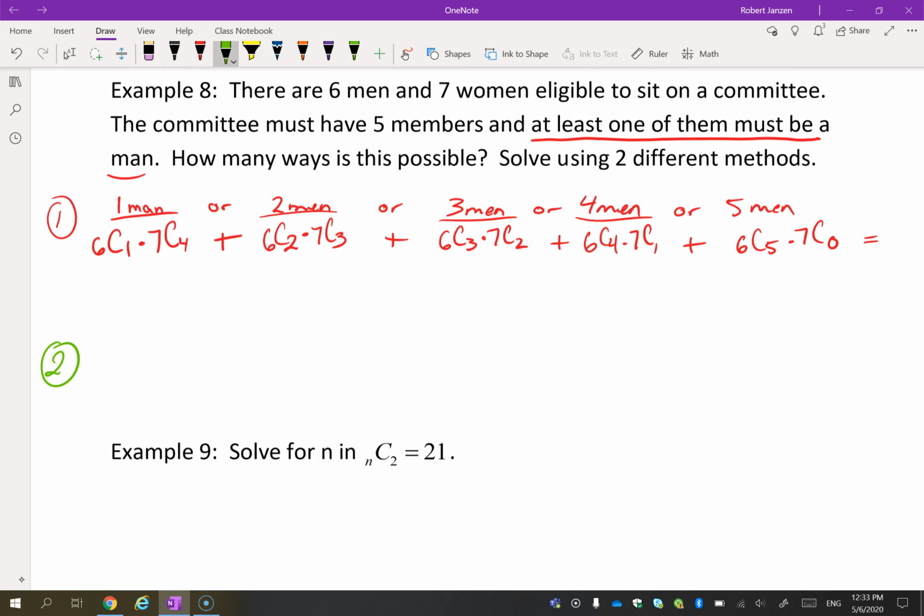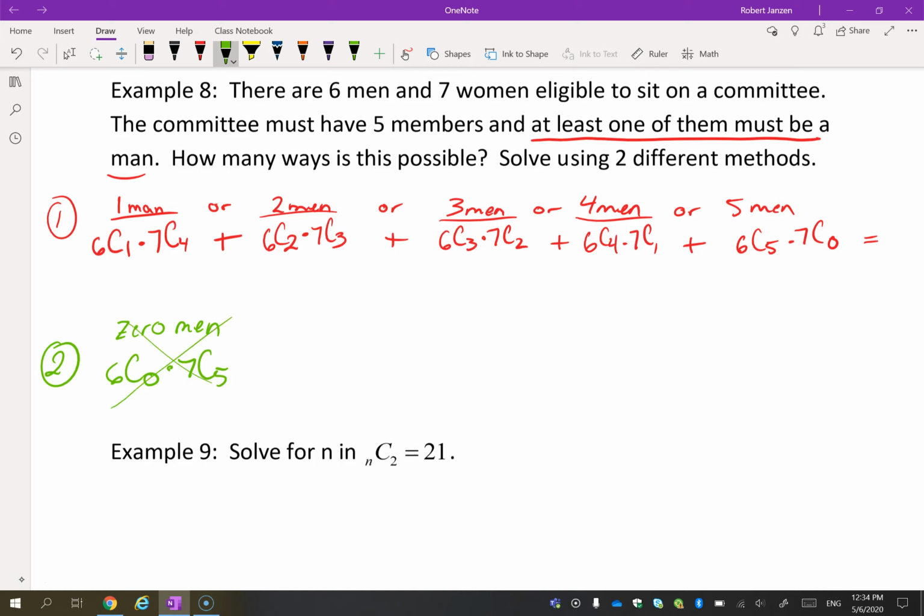Okay, what's the other way? Well, we need to have at least one man. What's the only thing we can't have? 0 men. 0 men is not going to work. How would I figure out 0 men? You would go 6 choose 0 and 7 choose 5. This is how you would choose all women. Okay, but this is what we don't want.